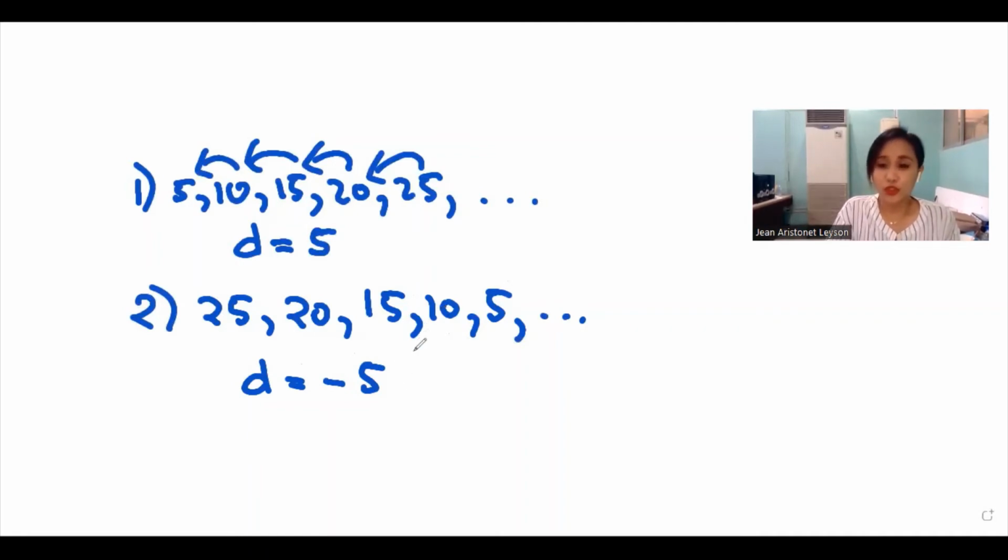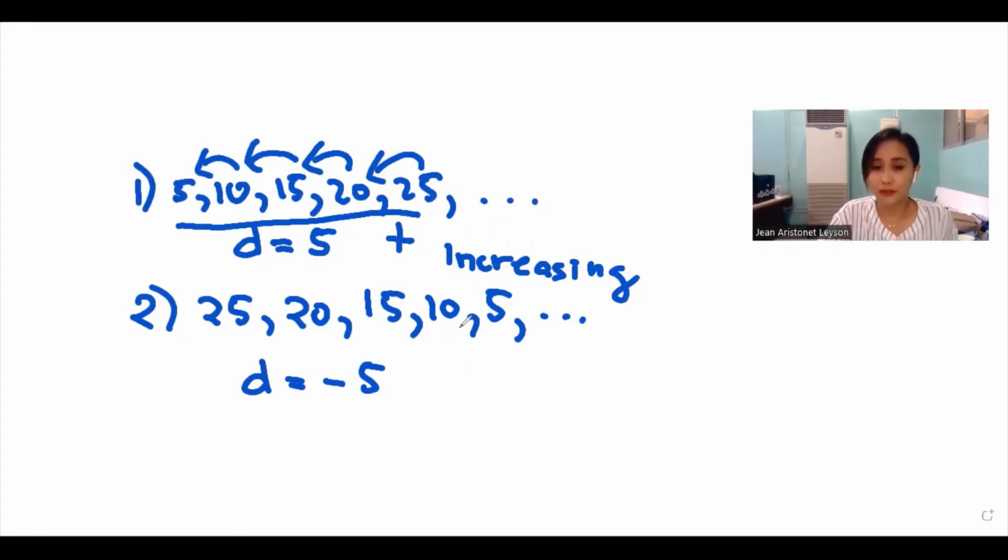So in conclusion, if our arithmetic sequence is increasing, just like the first set of numbers, the common difference is positive.